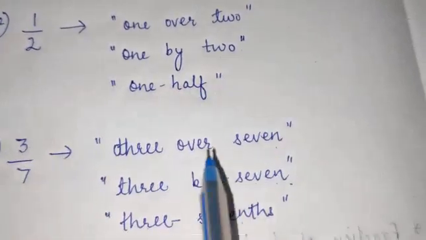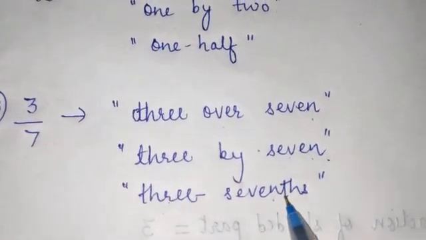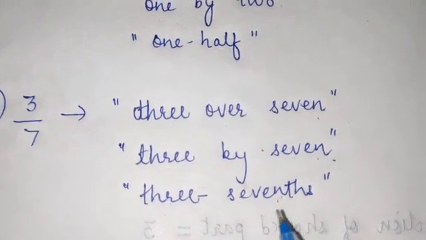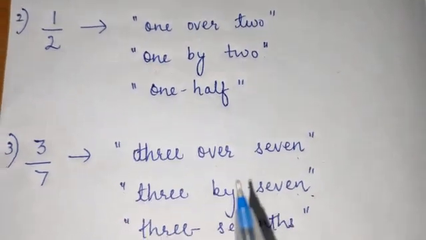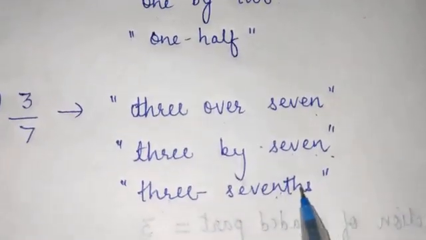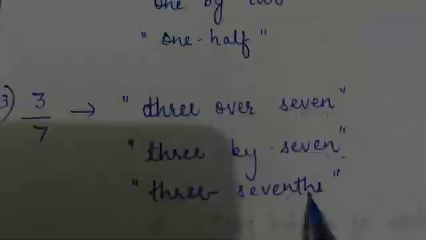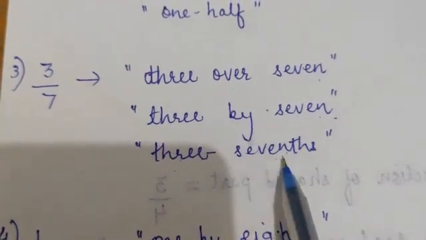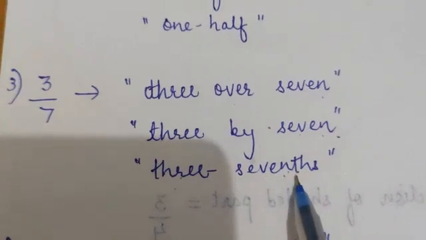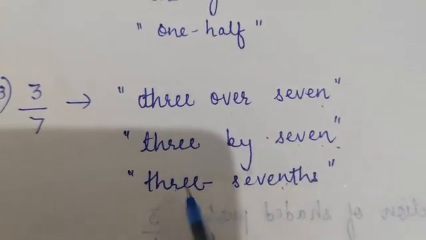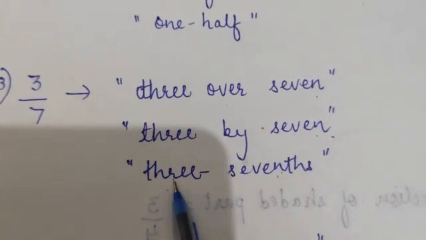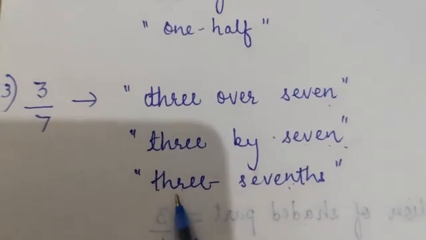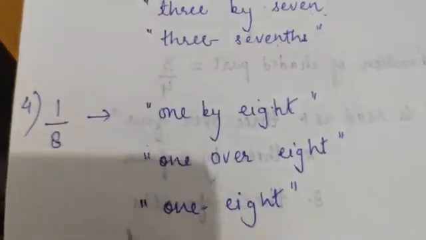Then except 2 and 3, you'll always use the letters TH after the number name of the particular number. 2 और 3 के अलावा जितने भी नंबर्स आपको मिलेंगे उसमें आप आगे TH लगा देंगे फ्रैक्शन लिखने से पहले. So here it will be 3/7. We wrote 7, added TH, and added S because the total number of parts that are separated are 3. They are more than 1, so they are forming plural. So 3/7.